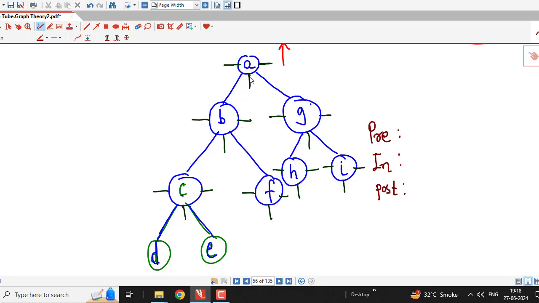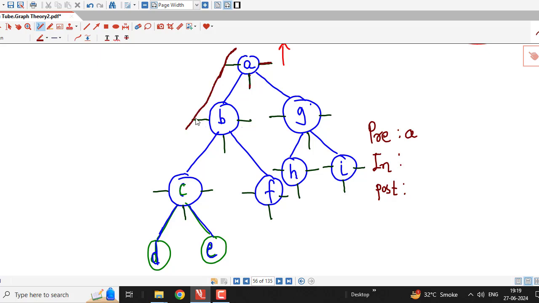Whenever the curve touches the line below the vertex, we write that vertex in order, and whenever our curve touches this line, we write the corresponding vertex in post order. So let's start with the root A. Here the curve touches this line, and that corresponds to pre-order.